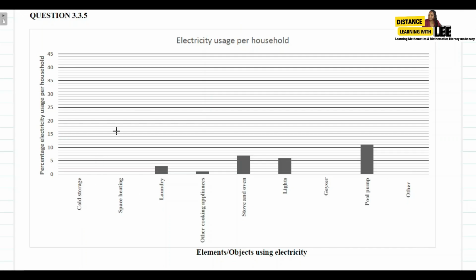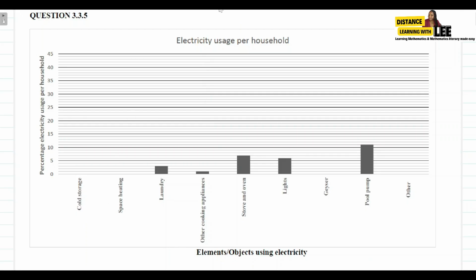Okay, so what was the percentage for this cold storage? Because we already know that on our y-axis, we're going to have the percentage of the electricity usage, right? And on our x-axis, we just have the elements or objects using electricity. So I'm just going to quickly write the percentages down here at the bottom so that I know what's what. And then from there, I'm going to continue to basically draw the bars.